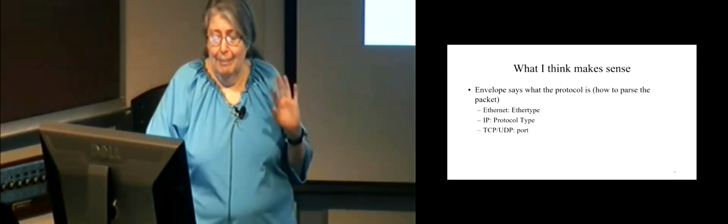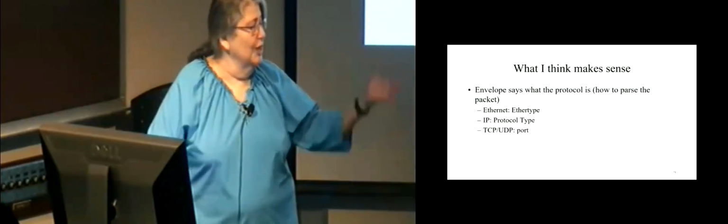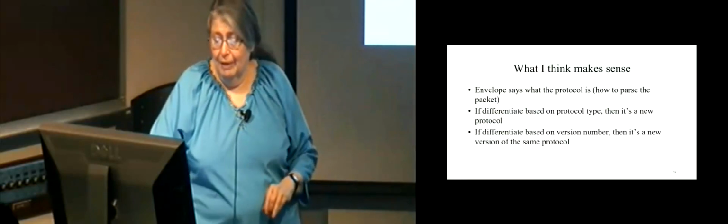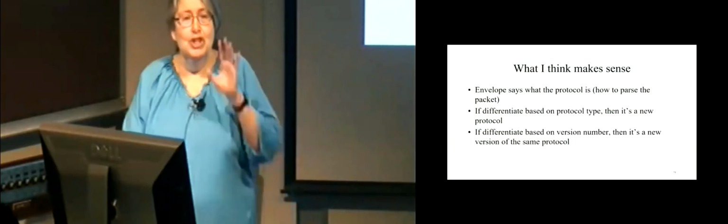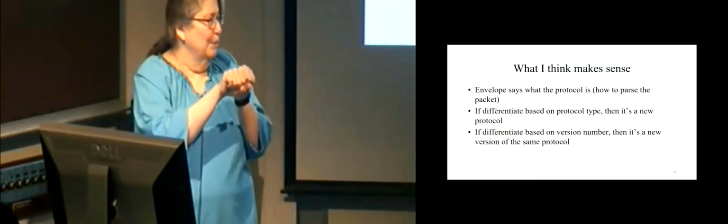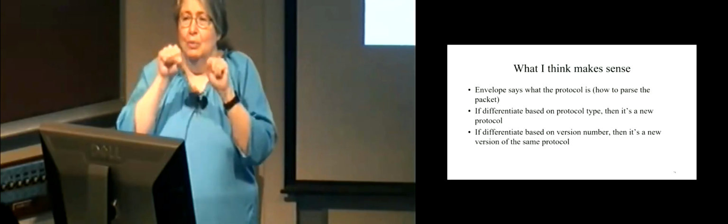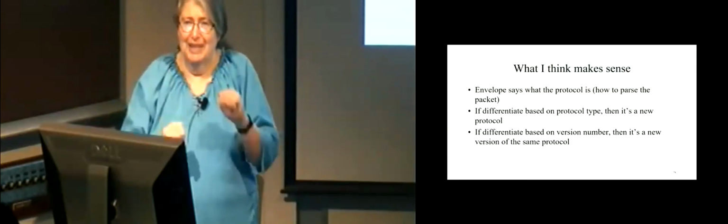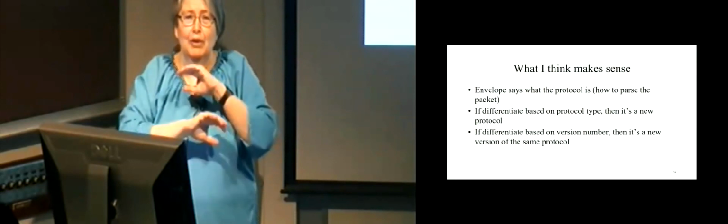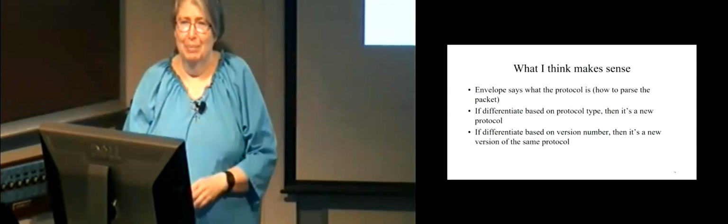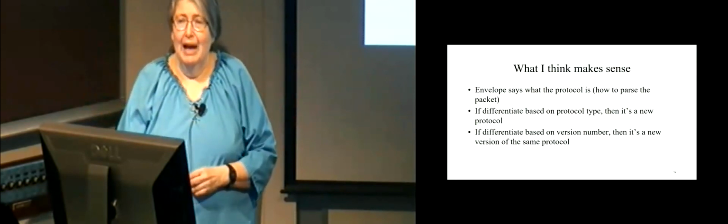So I think the only thing that makes sense is, if you're going to share the same protocol type, then you are a different version of the same protocol, even if you're completely different other than the version number.